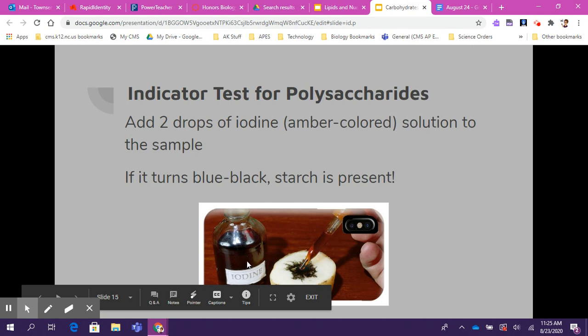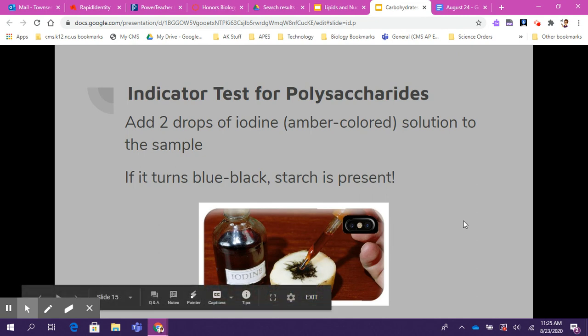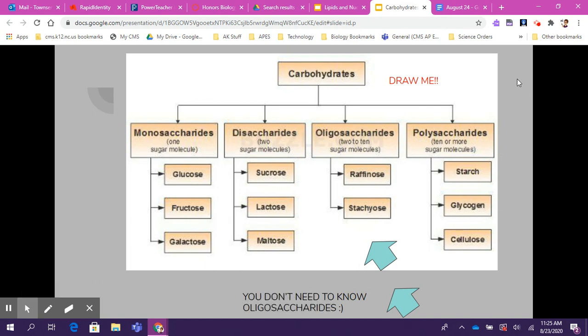When we drop the iodine onto the starchy substance, in this case it looks like a piece of potato, it will turn blue black. So we know that starch is present. All right, so those are the two tests: Benedict's solution tests for glucose monomers, and the iodine tests for starch, amylose.